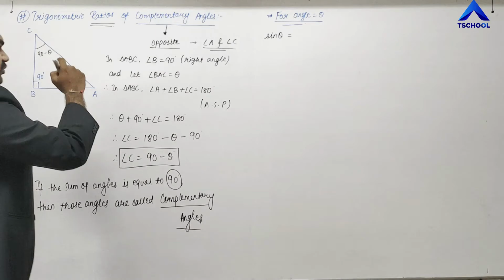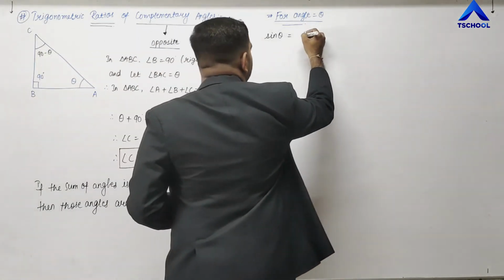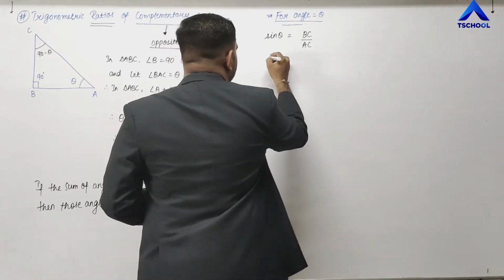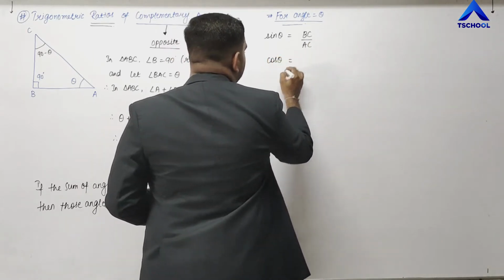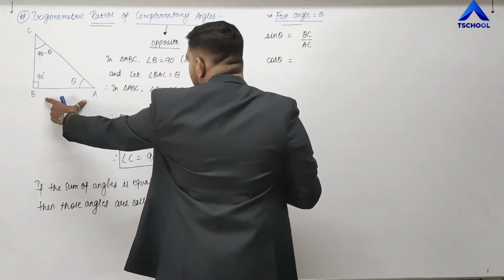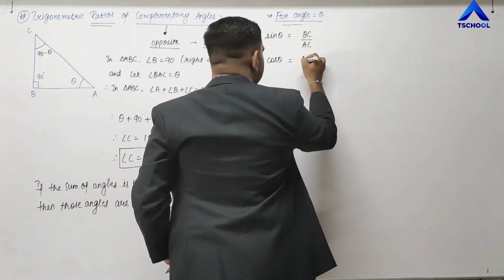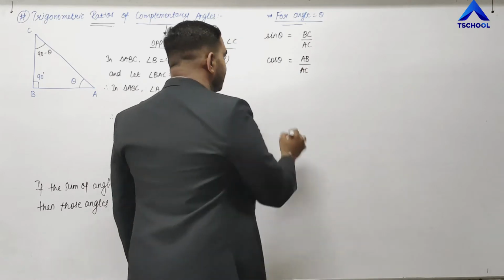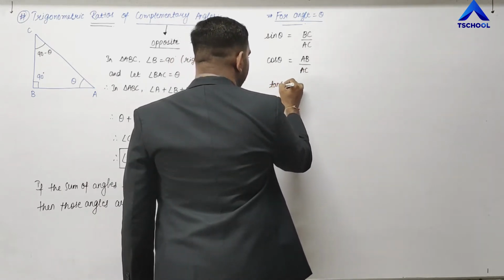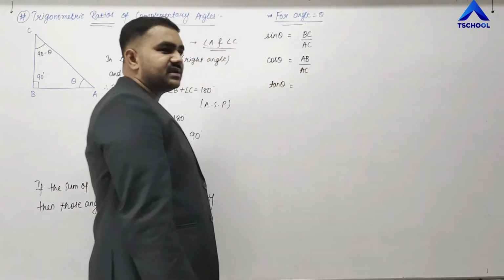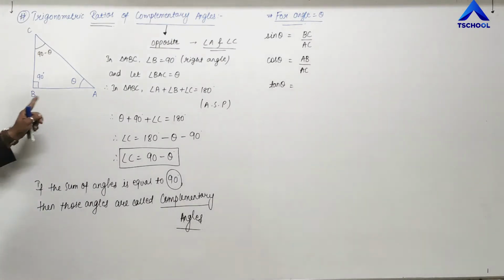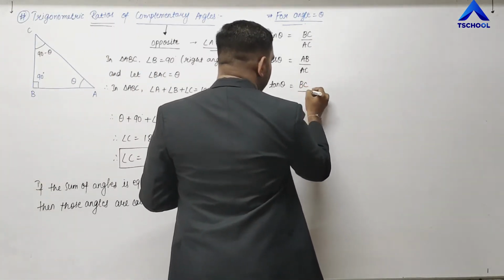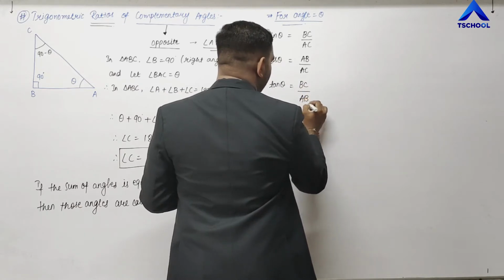That is BC upon AC. Similarly, what is cos theta? That is side adjacent to theta divided by hypotenuse, which is AB upon AC. Then the third one, tan theta. Side opposite to theta divided by side adjacent to theta, which is equal to BC upon AB.